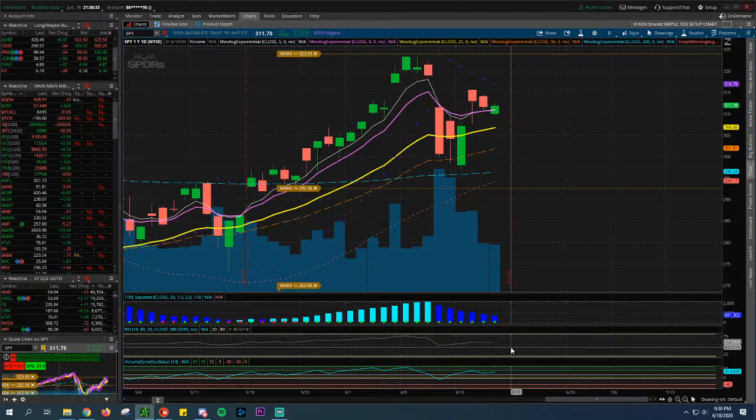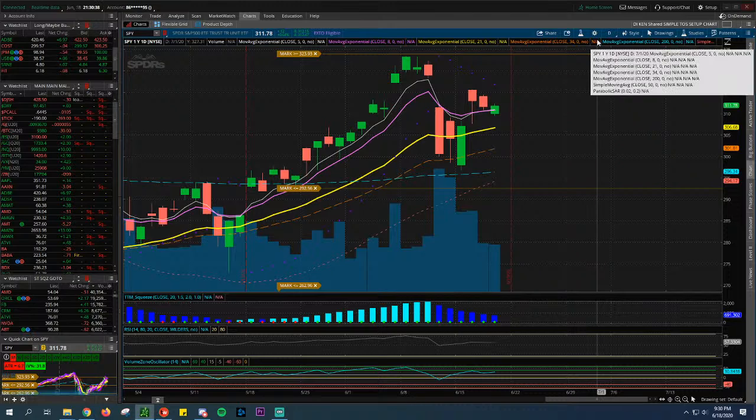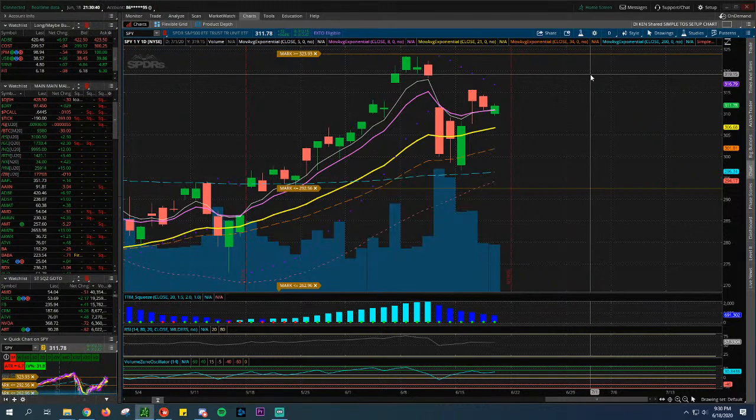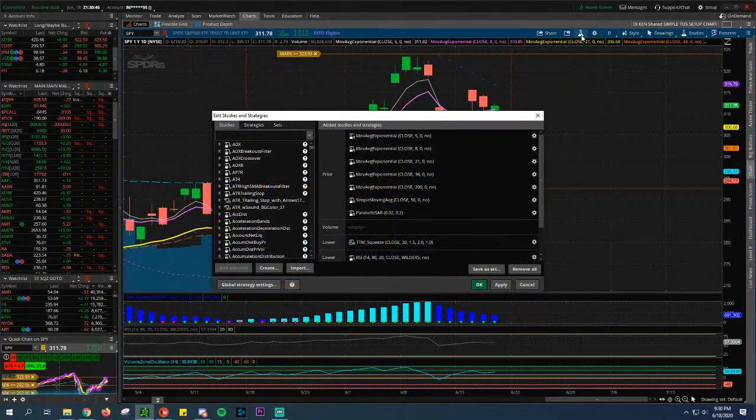Really, the 34? Yeah, I use the 34. The thing is a lot of those numbers are Fibonacci retracement numbers. So again, you have to look at it. I want to be ahead of the trend. I don't want to be doing what everyone else is doing.